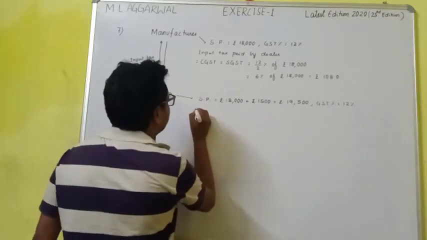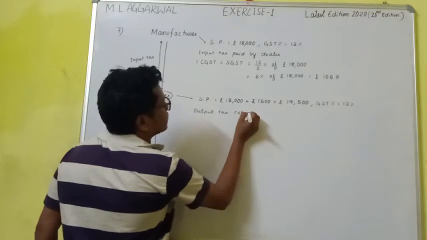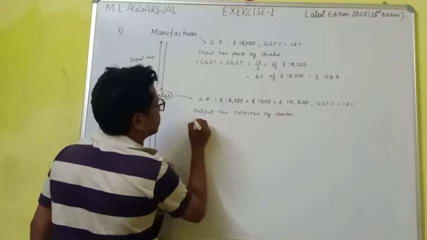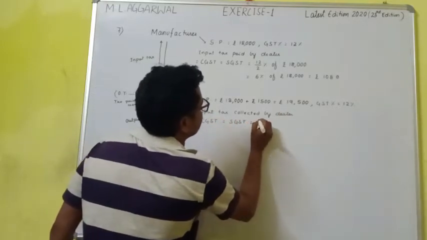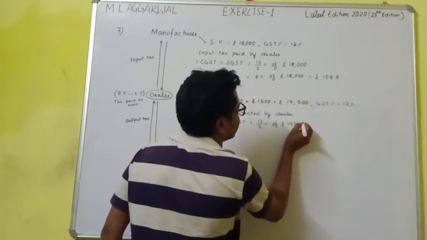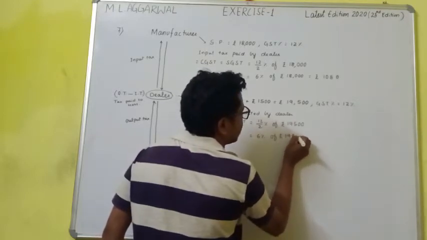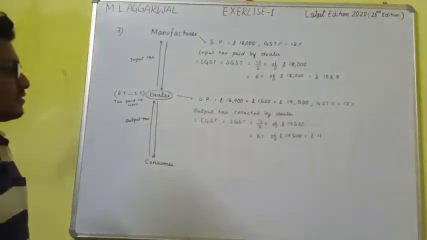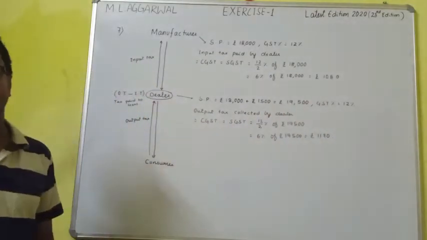So output tax collected by dealer is equal to CGST is equal to SGST is equal to 12 by 2% of rupees 19,500, which will be equal to 6% of 19,500. If you multiply 195 into 6, it will be 1170. 1170 will be your answer.